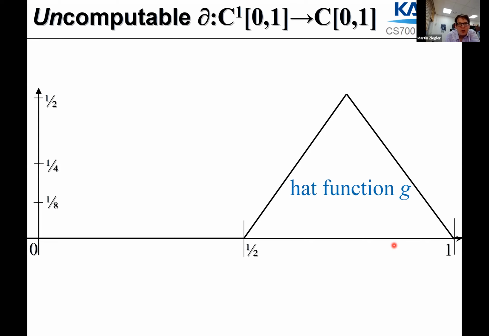And in order to see the construction, we start with this hat function, right? This is a function that has support between 1/2 and 1, this half part of the unit interval. It's just a Lipschitz continuous function, but it vanishes outside here.